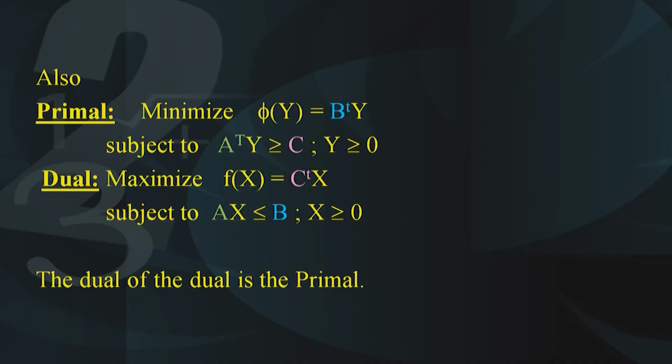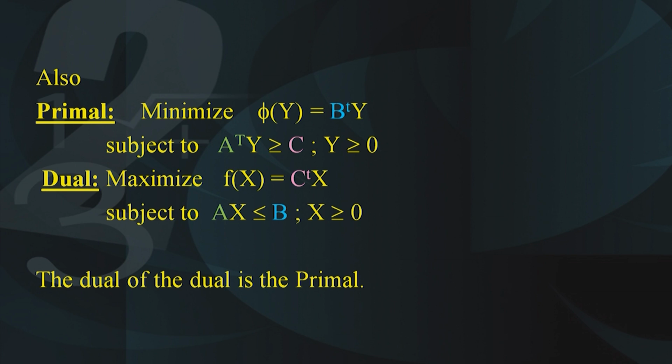You could write primal in the form of minimization of phi of y is equal to B transpose y subject to A transpose y greater than or equal to C and y is greater than or equal to 0, and the dual could be written as maximization of f of x is equal to C transpose of x subject to A x less than or equal to b, x greater than or equal to 0.